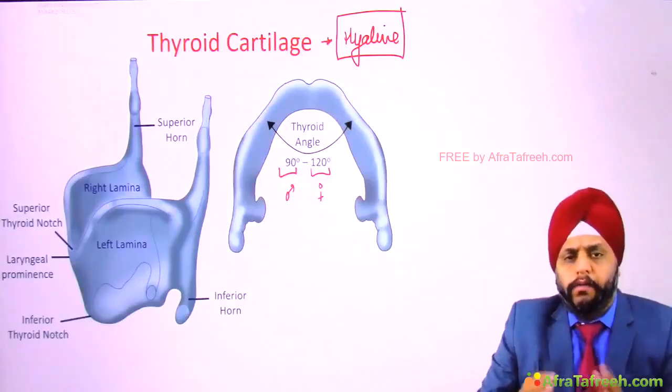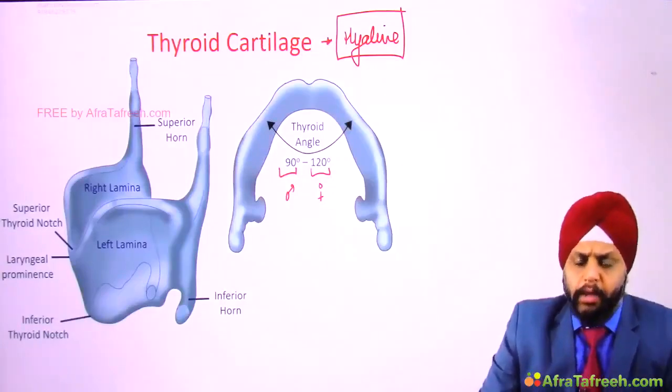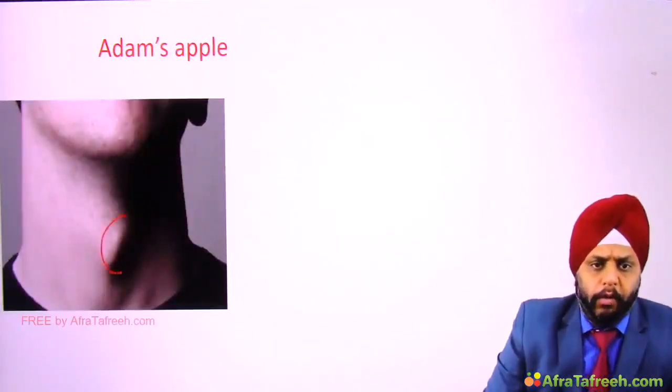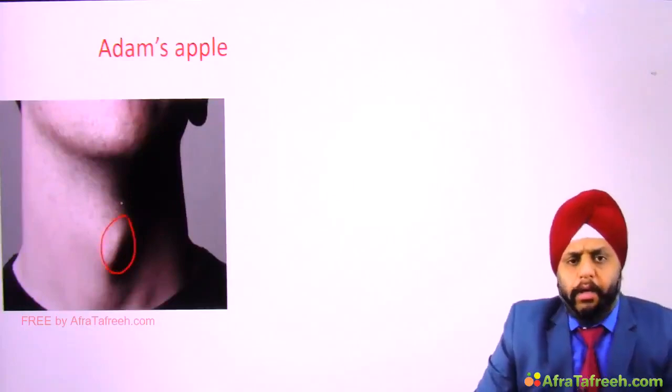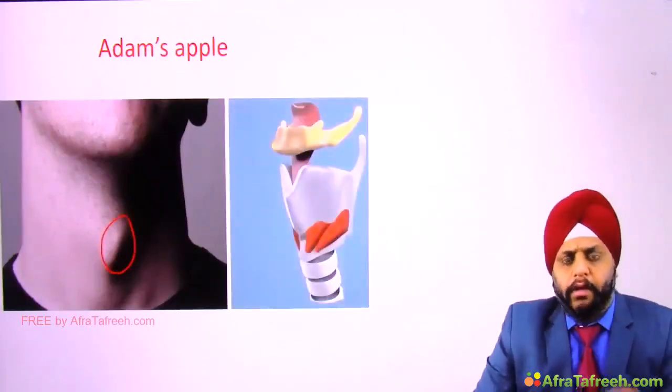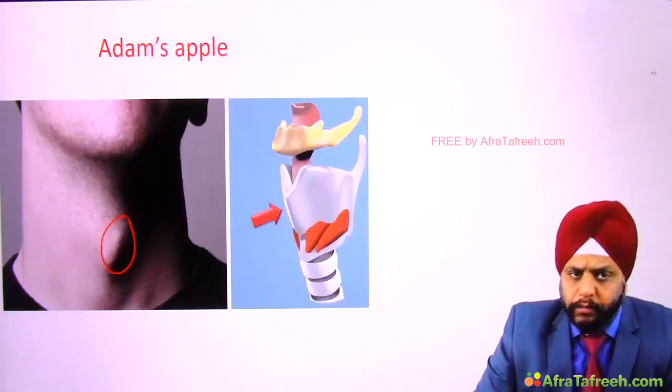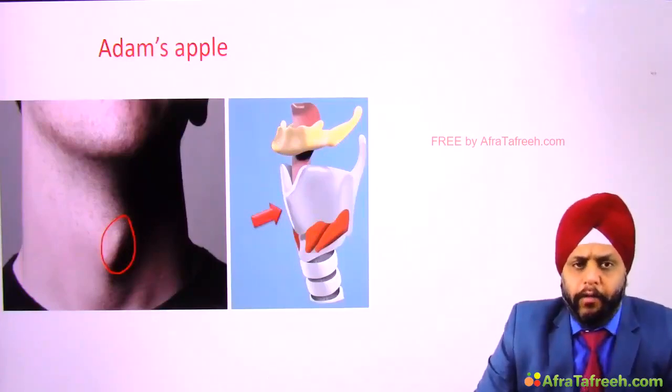Now because this is a very sharp angle in males, that is why it gives the appearance of Adam's apple. So you see over here, the Adam's apple is because of this laryngeal prominence of the thyroid cartilage. Okay, so that gives the appearance of Adam's apple, especially in males.